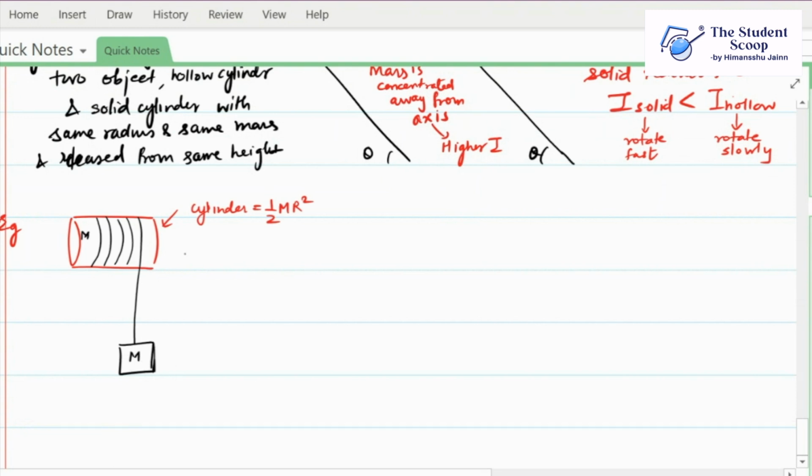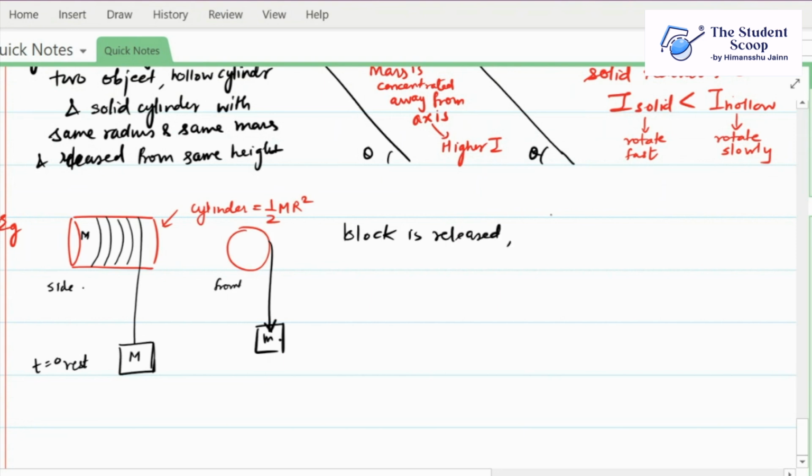Now this is a side view. From the front it will look something like this. The object is circular and a string is attached, something like this. Now this is at rest initially at time t equal to 0. Let's say the block is released.